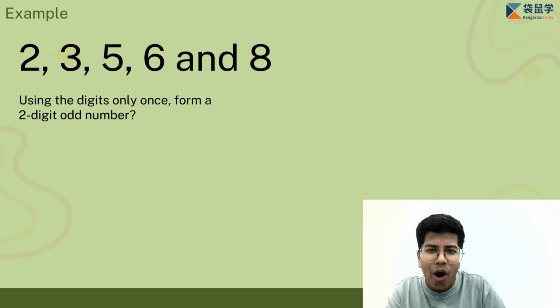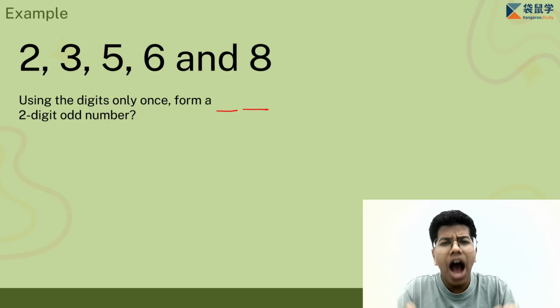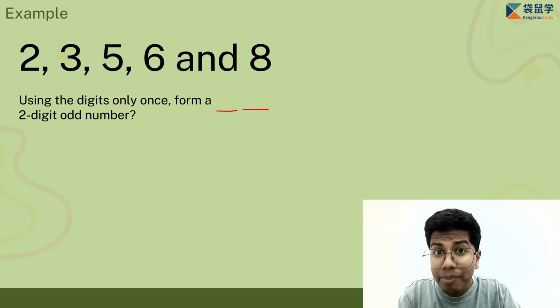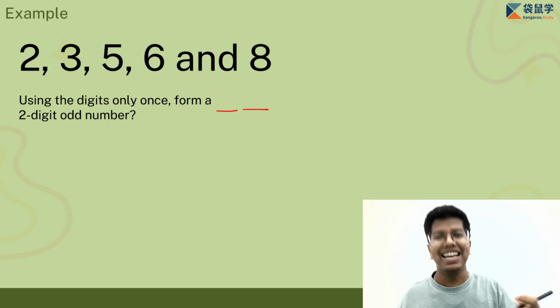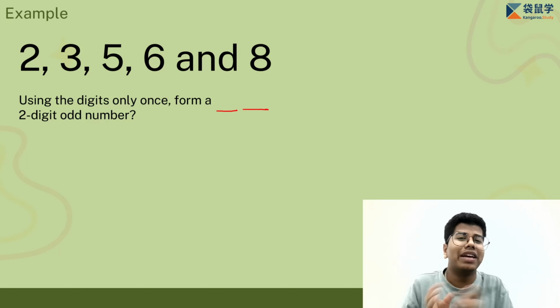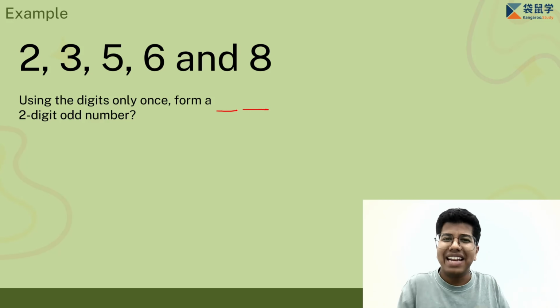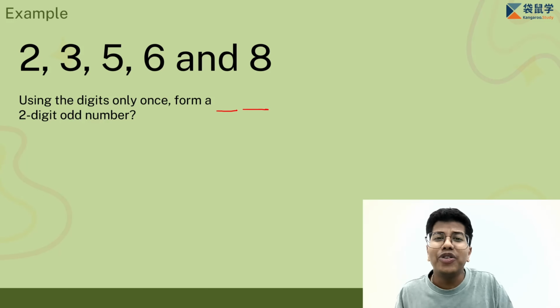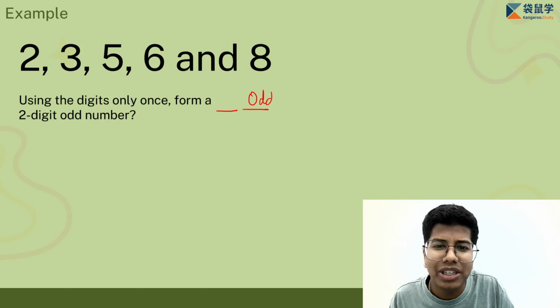Now, for any number, how can we ensure a number is even or odd? What do we check? Yes, we check the last digit. If the last digit is odd, we can say the number is odd. If the last digit is even, we can say the number is even. So here, we have to find odd numbers, so the last digit has to be odd.